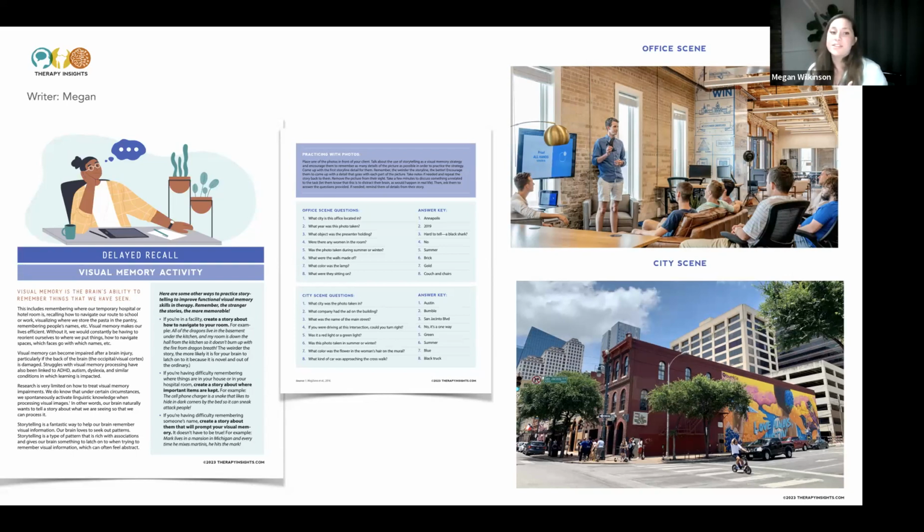So I think this is a really great dynamic material because we do have this first page that really talks about what is visual memory, how do we work on it, how do we work on it in a more functional way, and then really giving some nice examples of storytelling and what stands out and how do we use that strategy to improve visual memory, and then really clear-cut instructions for being able to implement the material.